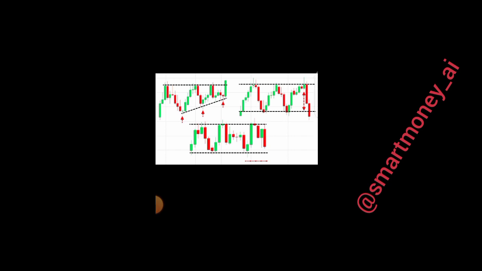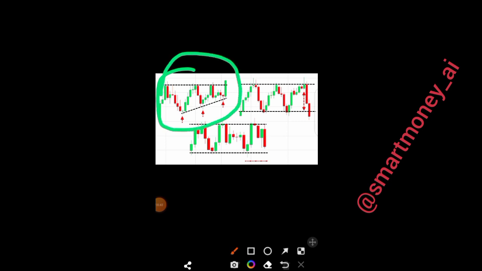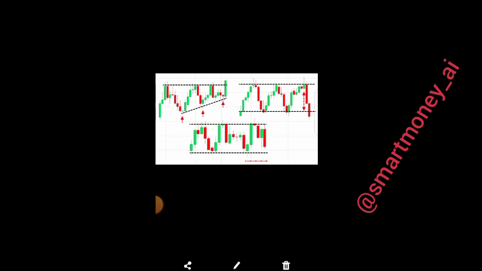So when we look at these images, first let's look at this guy here. You can clearly see that at these levels, price reaches these levels, decides to stop going upwards and then reverses.